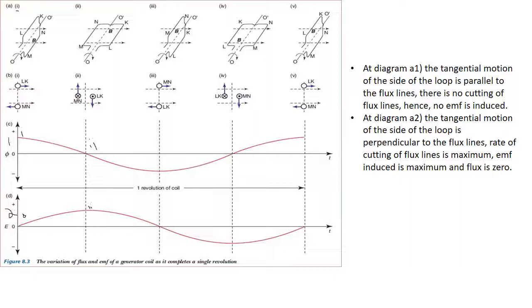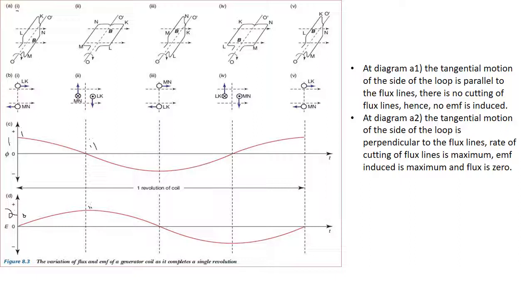As for the direction of the current, we can use Fleming's right-hand rule to determine it. At diagram 3, we see that MN is above while LK is below. It's exactly the same as diagram number 1, except with side MN above and side LK below. When this happens, the tangential motion is parallel to the flux.